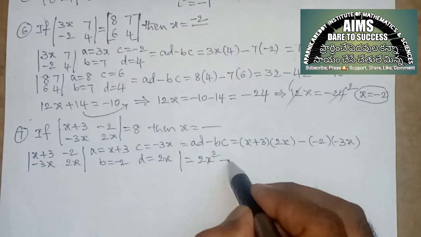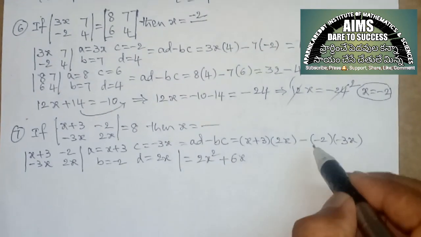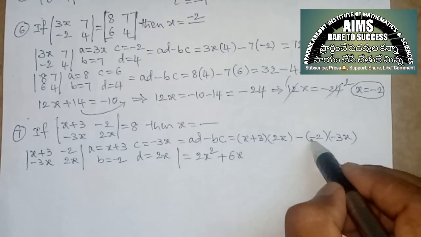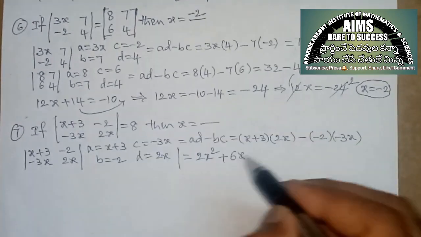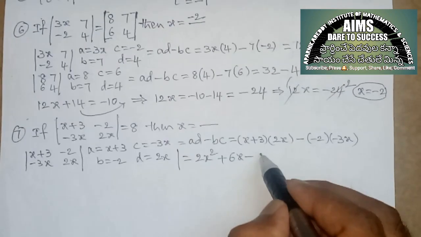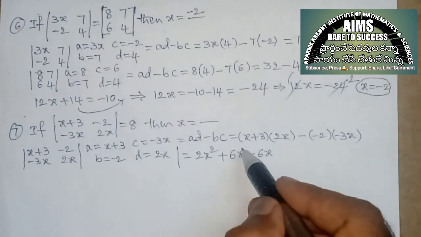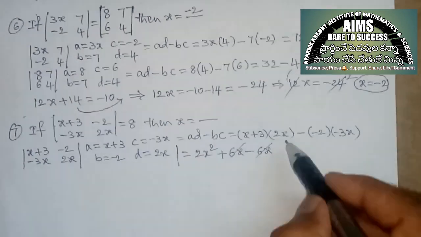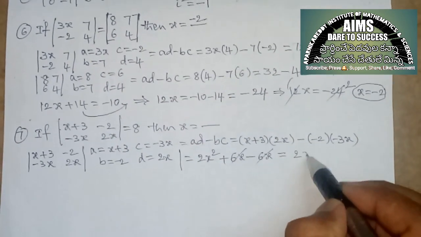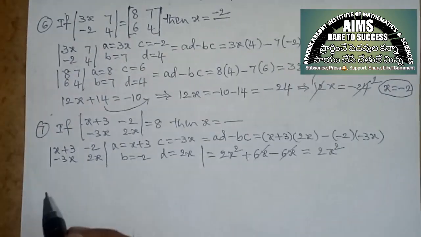After that multiply with 3, you will get 2 into 3, 6x. After that minus into minus, plus, plus into minus, minus. So answer is minus. Next 2 into 3, 6x. Plus 6x minus 6x get cancelled. The answer is 2x square for the left side value.